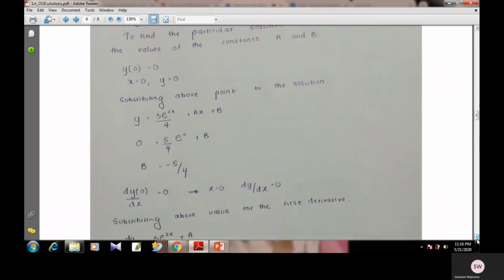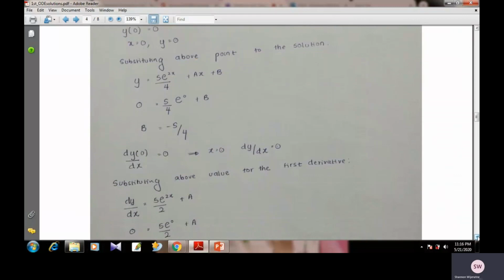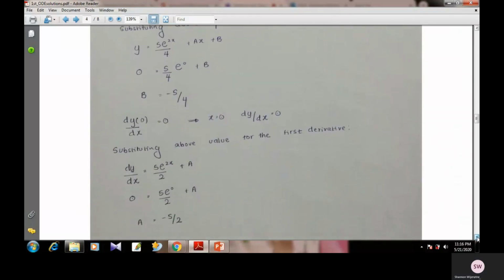Then using the second condition, the first derivative is equal to 0 when x is equal to 0. Substituting into dy by dx equals 5e^2x over 2 plus a, we get 0 equals 5e^0 over 2 plus a.